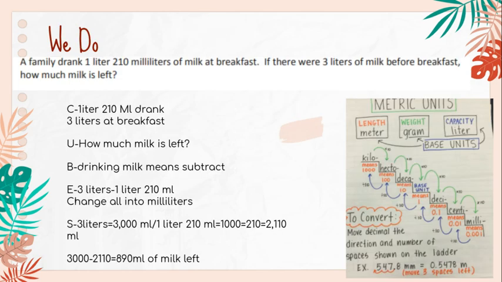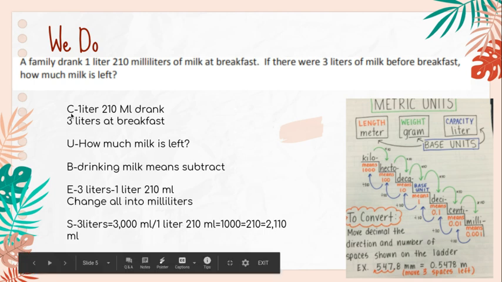Now, this is an example of a word problem. Here you've got a family drank 1 liter, 210 milliliters of milk at breakfast. If there were 3 liters of milk before breakfast, how much milk is left? I'm using CUBES here. C, circle important words. I can't circle on this, so I just typed them out.